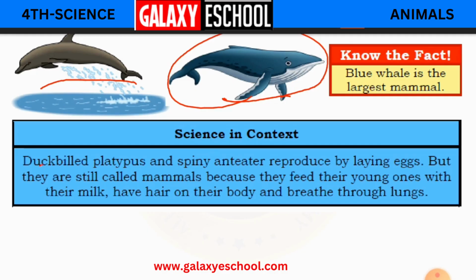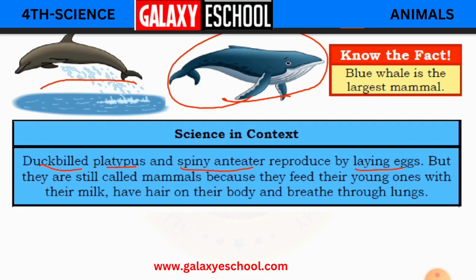And the duck-billed platypus and spiny anteater reproduce by laying eggs. Okay, children. So these are some other mammals which reproduce by laying eggs, but they are still called mammals because they feed their young ones with their milk.